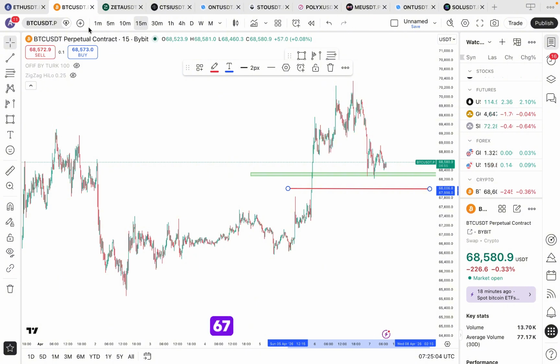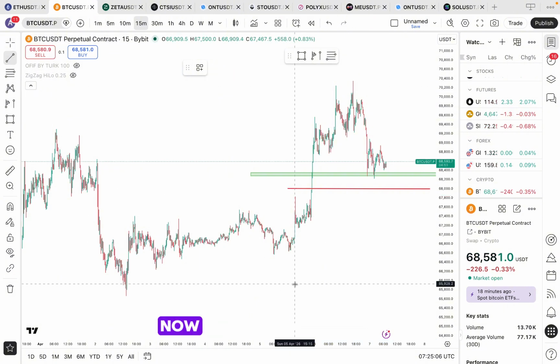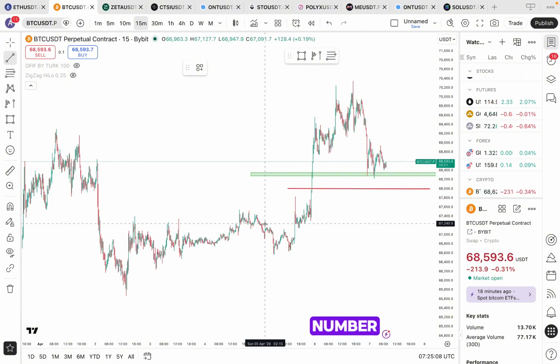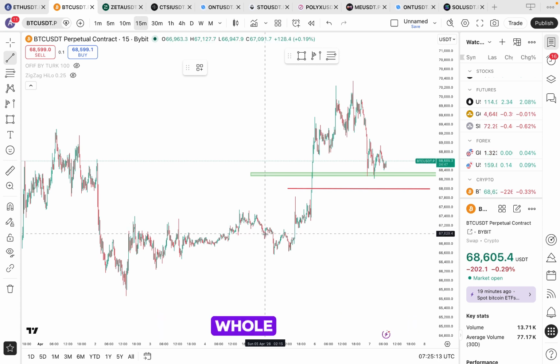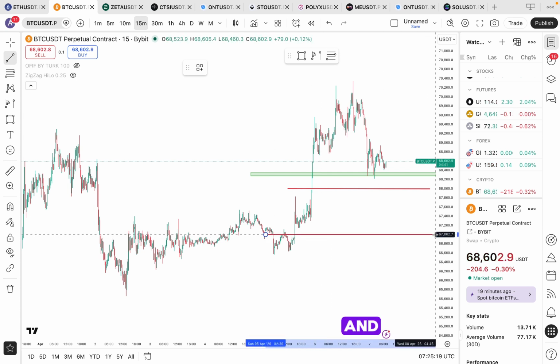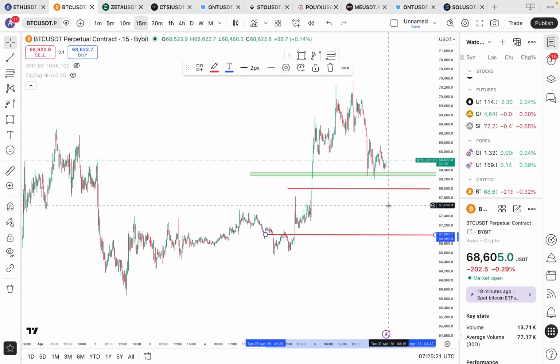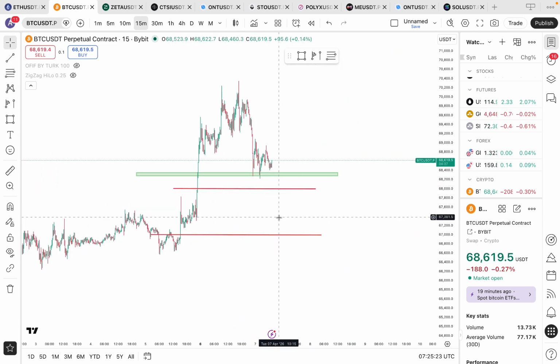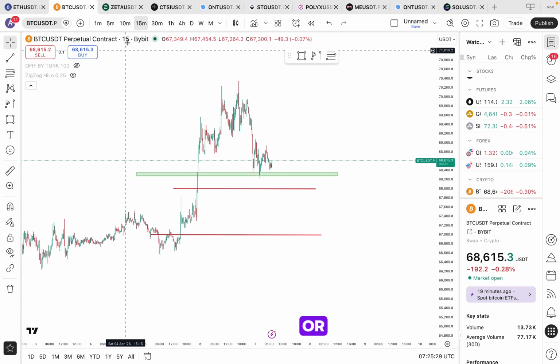Now there's something they call whole number levels. Whole number levels are levels that, in Bitcoin and in these large market cap instruments or assets, are strong support and resistances.